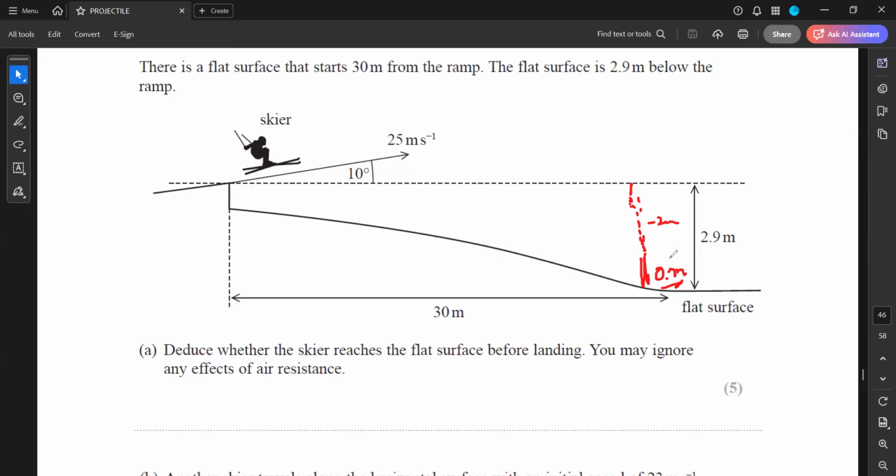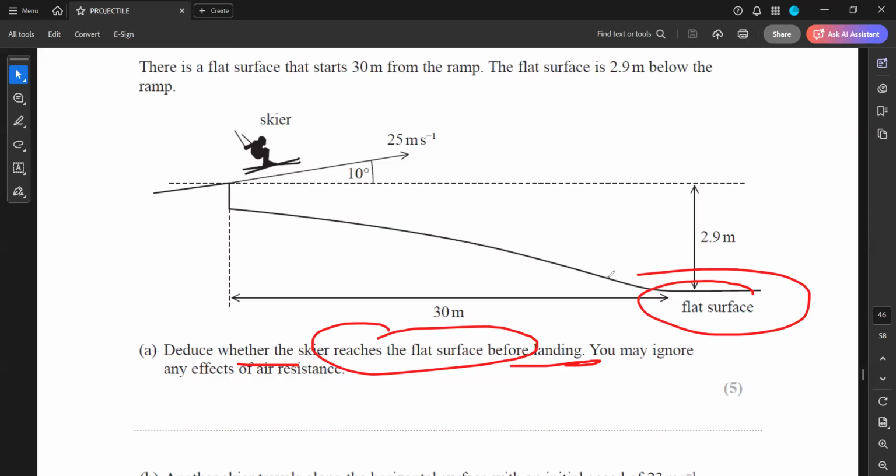So the question is, deduce whether the skier reaches the flat surface before landing. This is the flat surface. He will not land at 2.